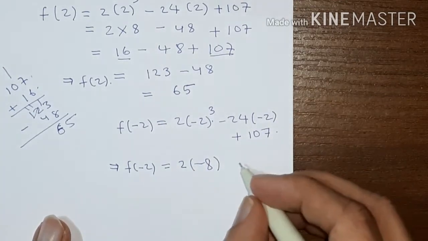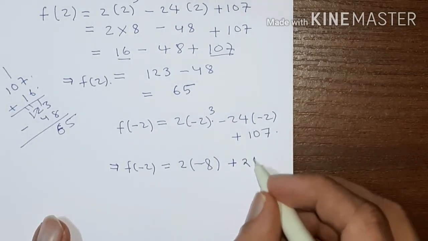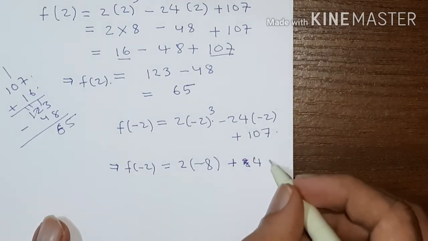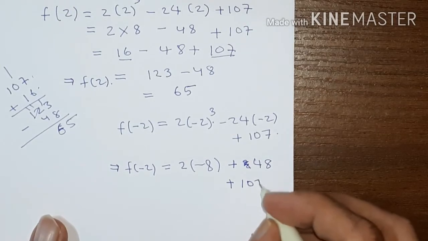So minus 16, then minus 24 multiplied by minus 2 gives plus 48, plus 107.